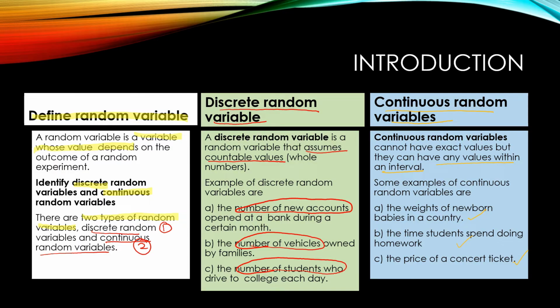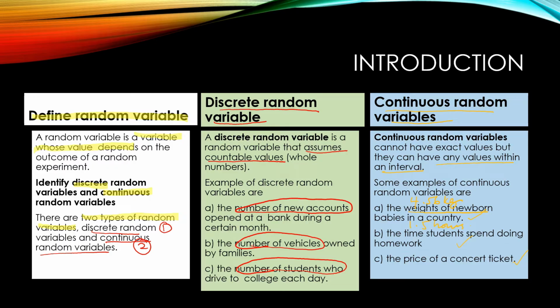If you look at these examples, the values will be in decimal places. For example, the weight of a newborn baby could be 4.56 kg. Meanwhile, the time students spend doing homework can be 1.5 hours.